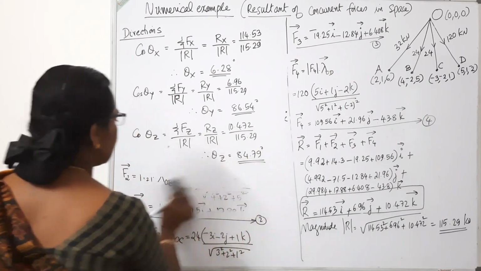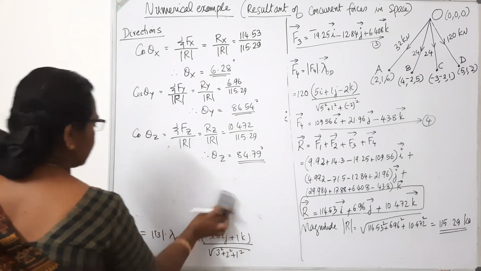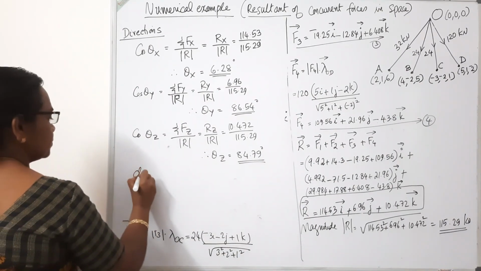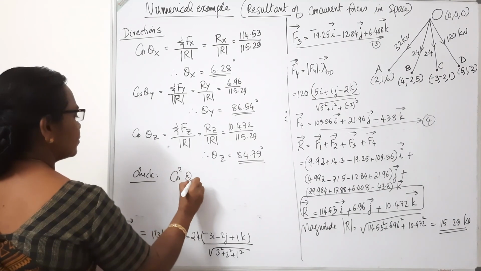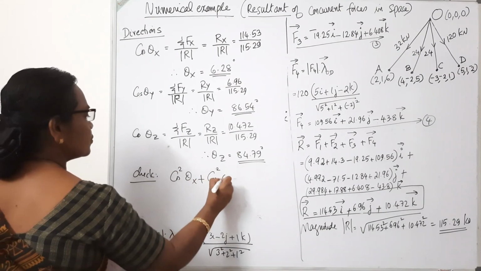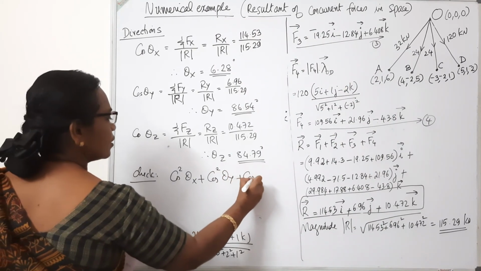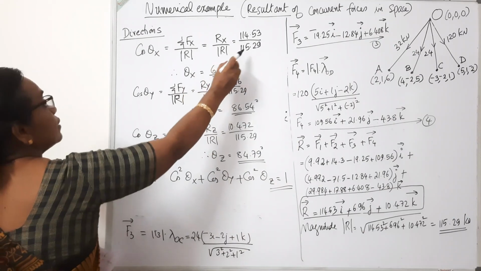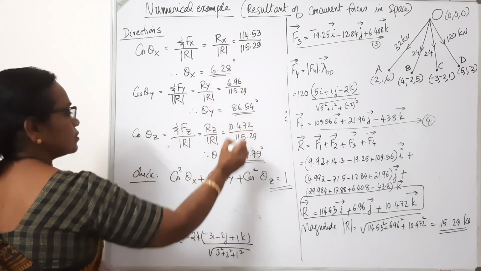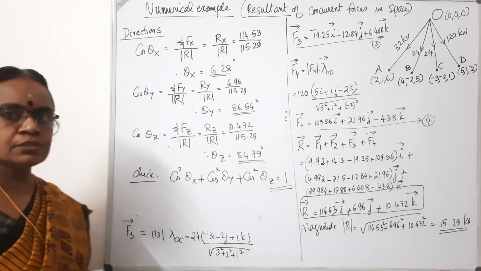You can also make the check: cos square theta x plus cos square theta y plus cos square theta z is equal to 1. Square each cosine and add them, you will get 1.